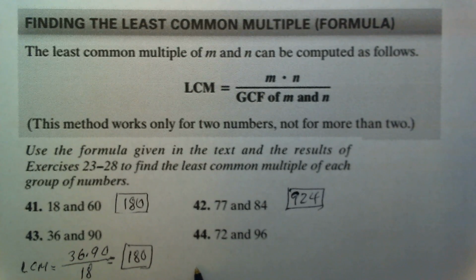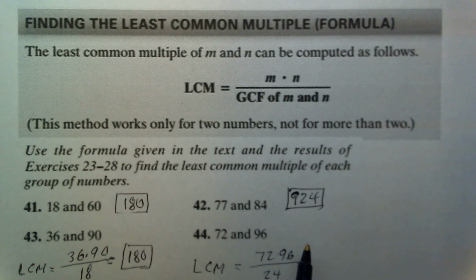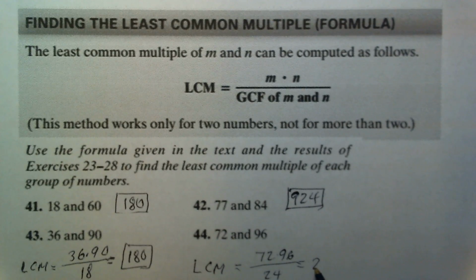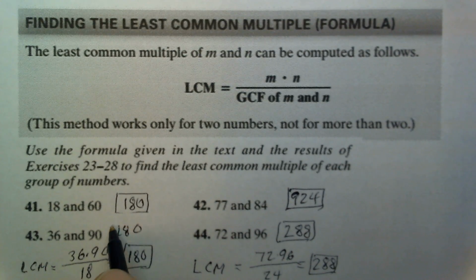And for number 44, the least common multiple is equal to 72 times 96 divided by 24, the greatest common factor of these two numbers, 24. And that product is equal to 288. And so this was 180 for number 43.